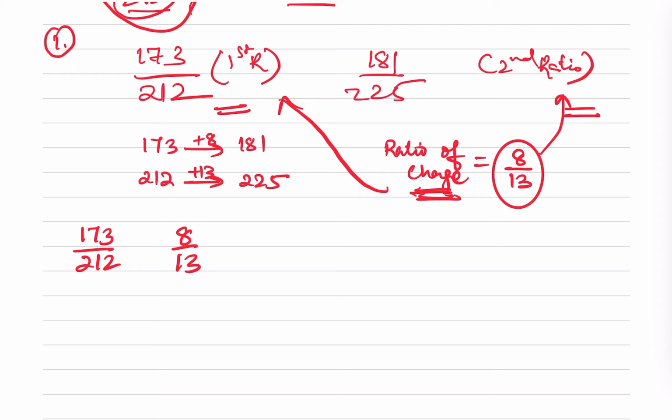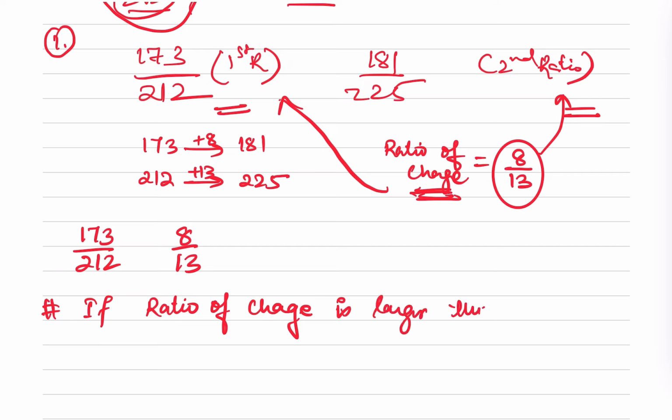Right? If the ratio of change is larger than the first ratio, then the second is larger. So I'll just write the result. If the ratio of change is larger than the first ratio, therefore the second ratio is largest.